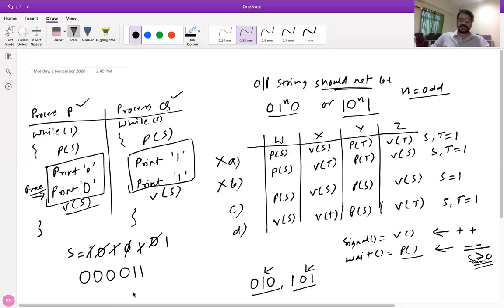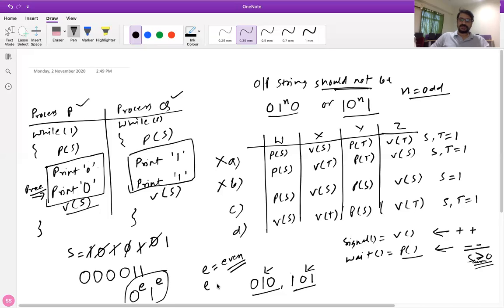Means the 0 will be repeated an even number of times, and 1 will be repeated an even number of times.